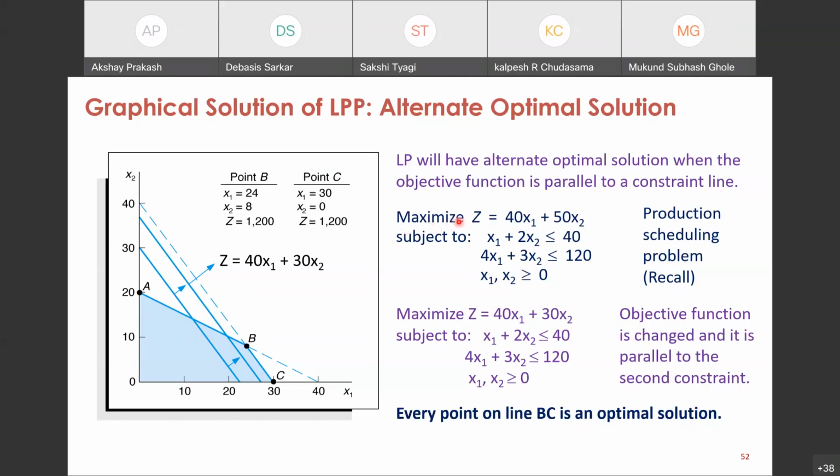I want to maximize that, so I go in this direction. This is what we mean by unbounded solution.